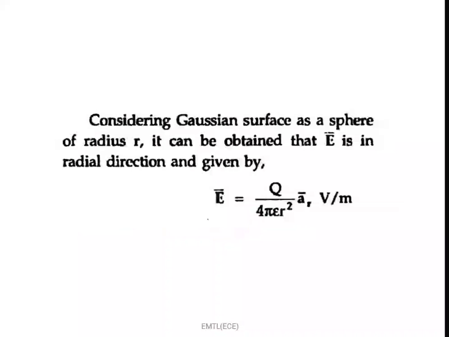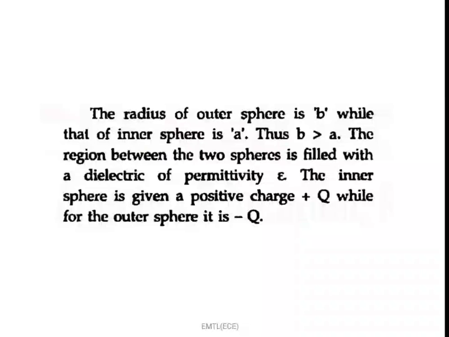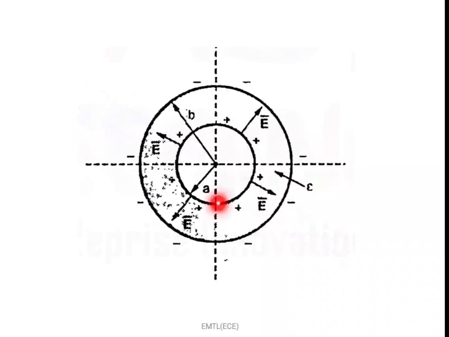Now, considering a Gaussian surface as a sphere of radius small r, we can obtain the electric field intensity in the radial direction. When you observe the figure, this is the Gaussian surface. On the Gaussian surface, the electric field intensity is along the radial direction. These are the directions of E.